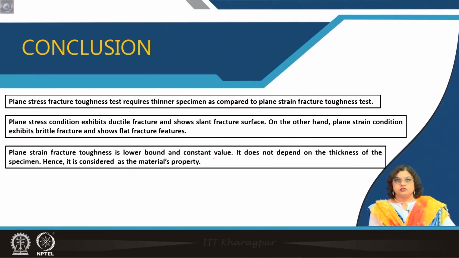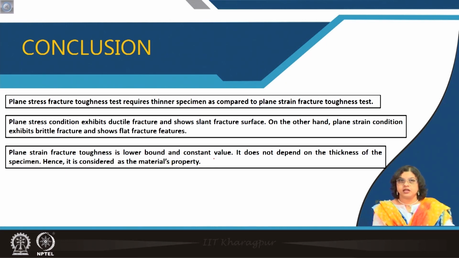So, with this, let us conclude this lecture. What we have seen in this lecture is that the plane stress fracture toughness test requires a thinner specimen. On the other hand, if we want to do plane strain fracture toughness, we need a thicker specimen. Plane stress condition typically exhibits ductile fracture that leads to a slant fracture surface, whereas plane strain condition exhibits a brittle fracture with a flat fracture surface.